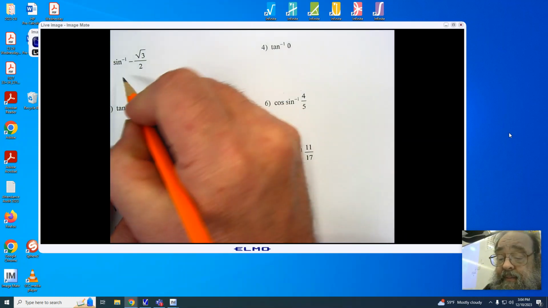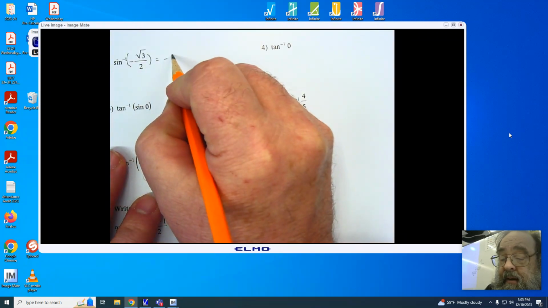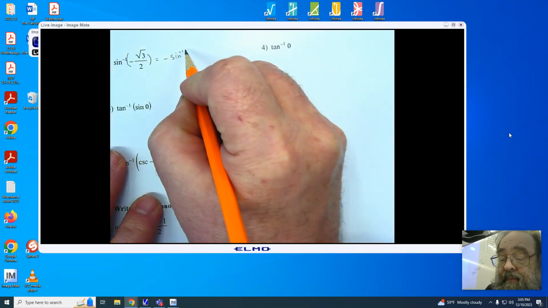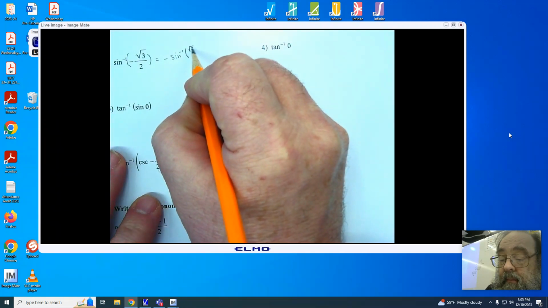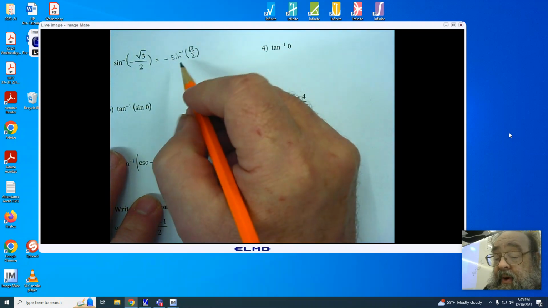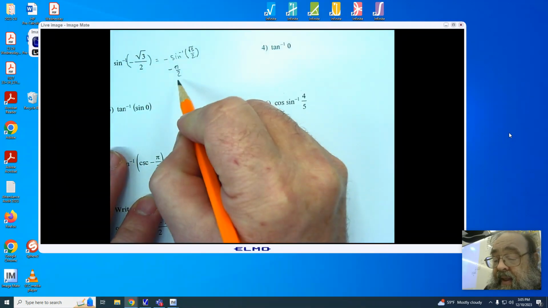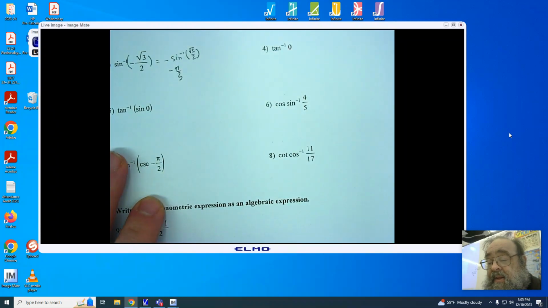Another way to do this is to use your even-odd identity to factor out the negative, then find the arc sine of root 3 over 2, and multiply by the negative that's outside. Once again, that answer is negative pi over 3.